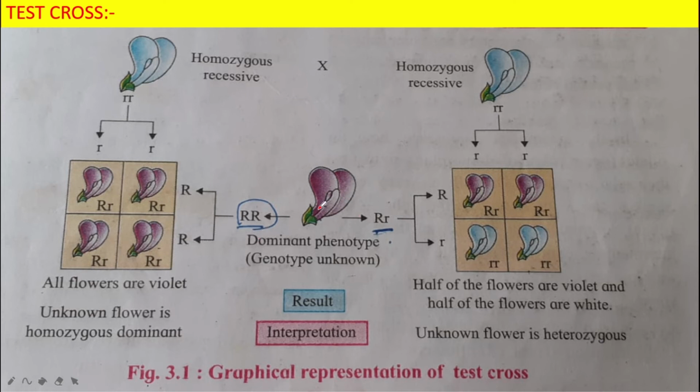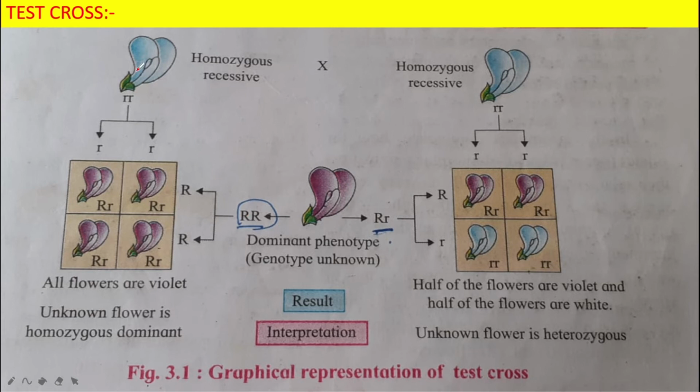Now let's take one example. Suppose this purple flower is there. Considering that this flower is dominant, it is capital R, and the other will naturally be recessive, small r, small r. Let's see the crossing with the help of a Punnett square.